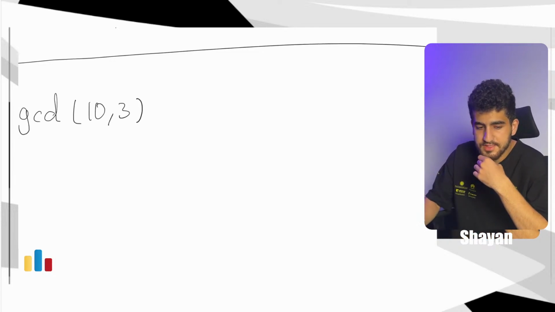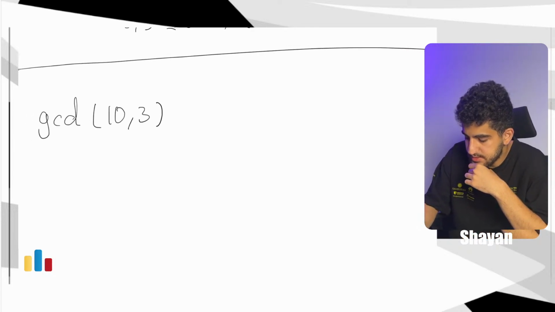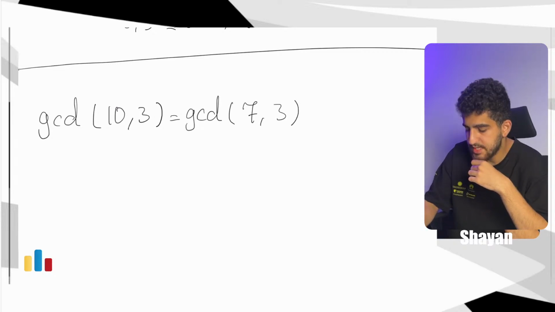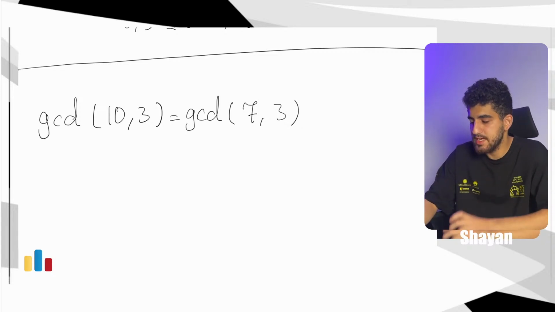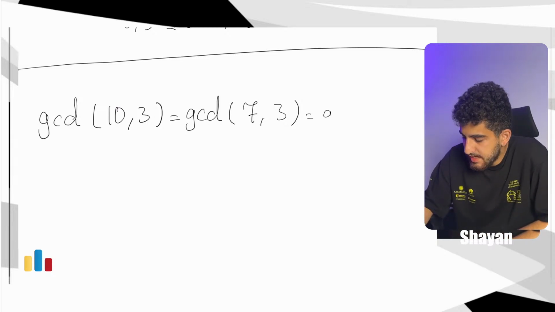GCD of 10 and 3 is equal to GCD of 7 and 3. But we don't need to stop here. We can apply it again. GCD of 7 and 3 is equal to GCD of 4 and 3.